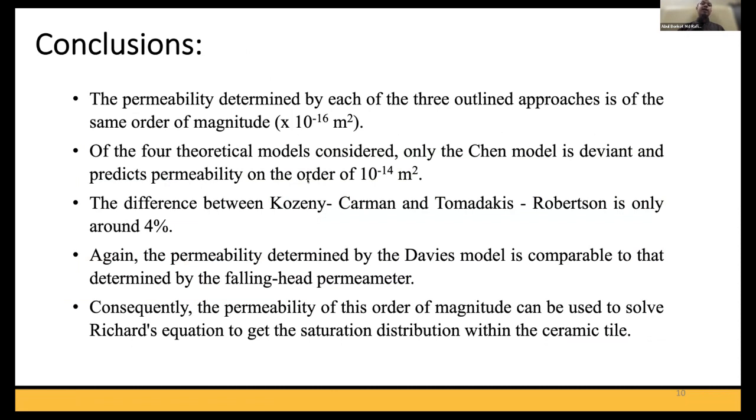The difference between the Kozeny-Carman and the other model is only 4%. The permeability can also be compared between the theoretical Davies model and the falling head method. We can say that this permeability is reasonable, and we can use it in the Richards equation to determine the saturation distribution in the ceramic porous materials.